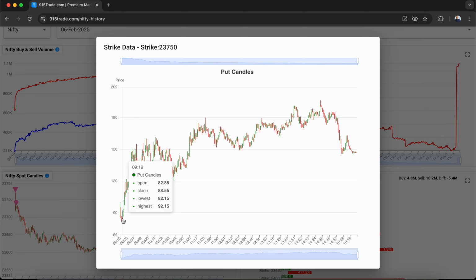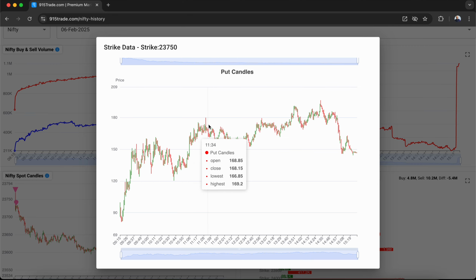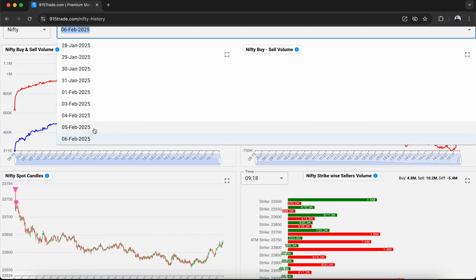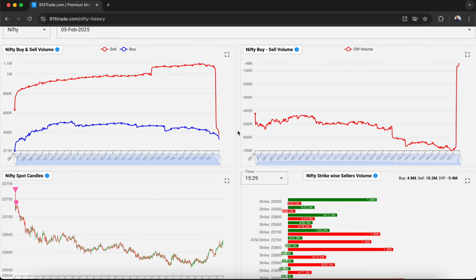So you're talking about somewhere around 80, let's say 90 price range, and the price immediately moved in your favor till about 150, and then it also went on to 180 and 200. That is the kind of accuracy that we would like to work with. Instead of trying to give you markers every day, we want to give you extremely accurate markers as much as possible, right? Similarly, you will see it again on different days.